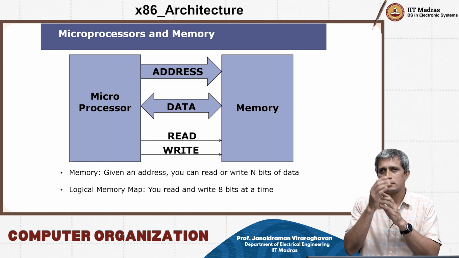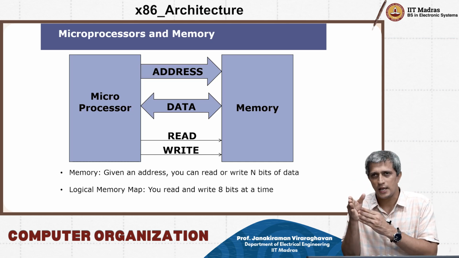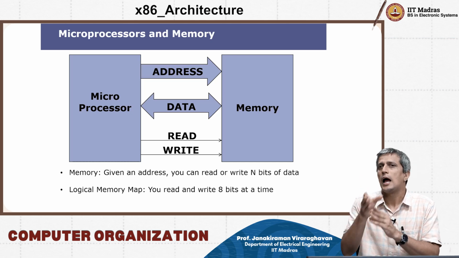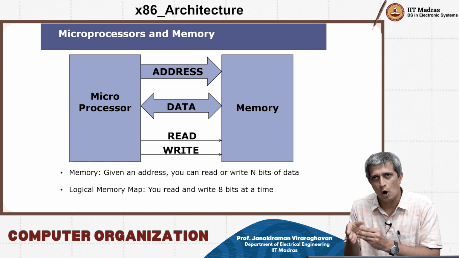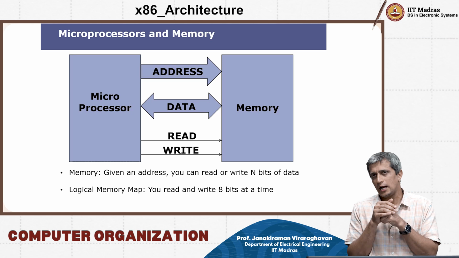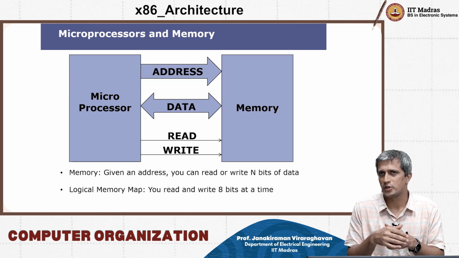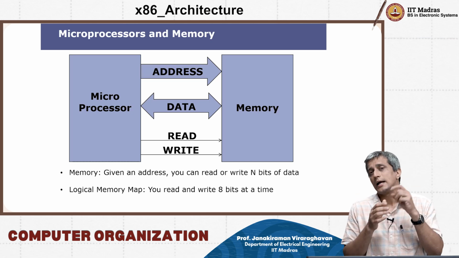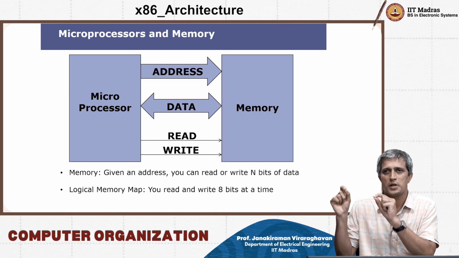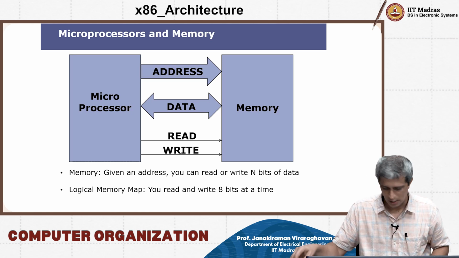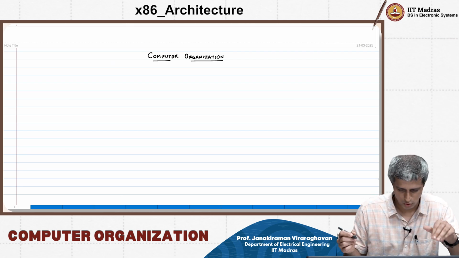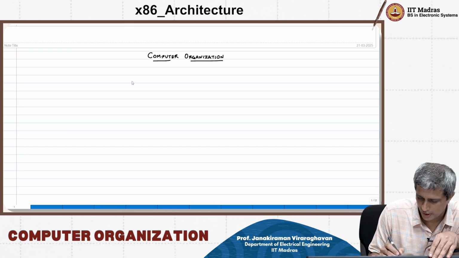And if you assert the write signal, then whatever address has been given and whatever data has been sent out from the microprocessor on the data bus, as seen here, which could also be 32-bit for example, the data that has been sent will be written into that particular address of the memory.